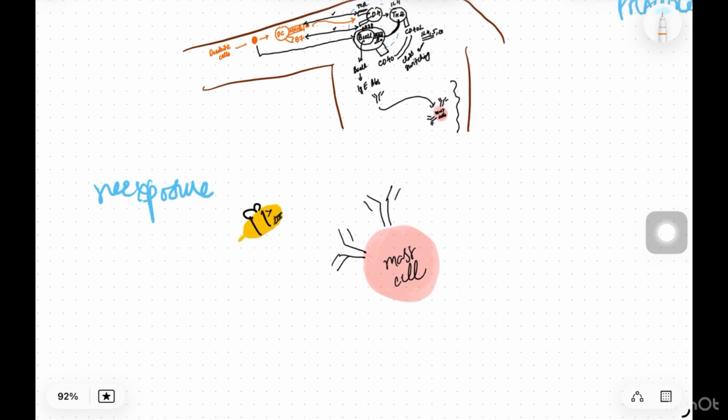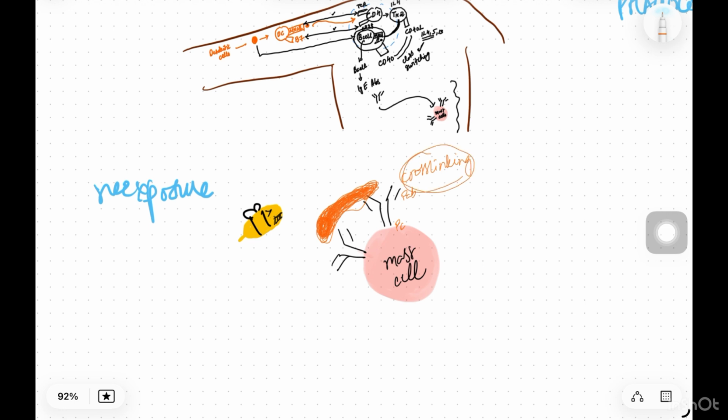For a reaction to happen, the bee venom or whatever the antigen is in any other case has to interact with a couple of IgE antibodies at once, not just one. Now, this is the Fab end of the antibody and this is the constant end, just to remember. When this happens, it's called cross-linking.